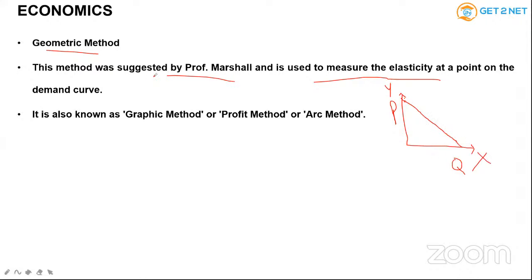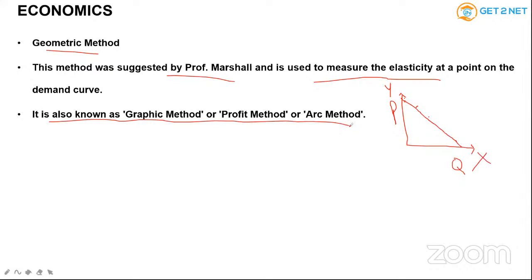So geometric method is actually used to measure the elasticity at a point. Suppose I put a point here and ask whether it is highly elastic, highly inelastic, or zero elastic. So for a point on the demand curve, to find out the elasticity, we use the geometric method. It is also known as graphic method, profit method or arc method.